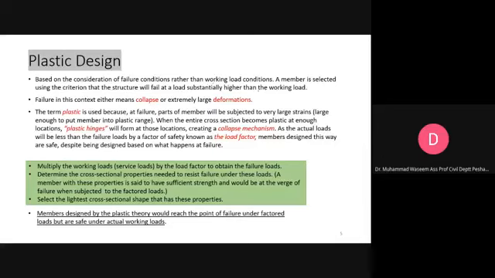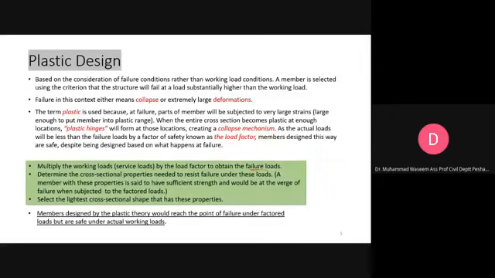A member is selected using the criterion that the structure will fail at a load substantially higher than the working load, and that failure will be demonstrated in terms of collapse or extremely large deformation in the member. How do we do this? We increase the working loads, or service loads, by multiplying them by a load factor to obtain the failure loads.